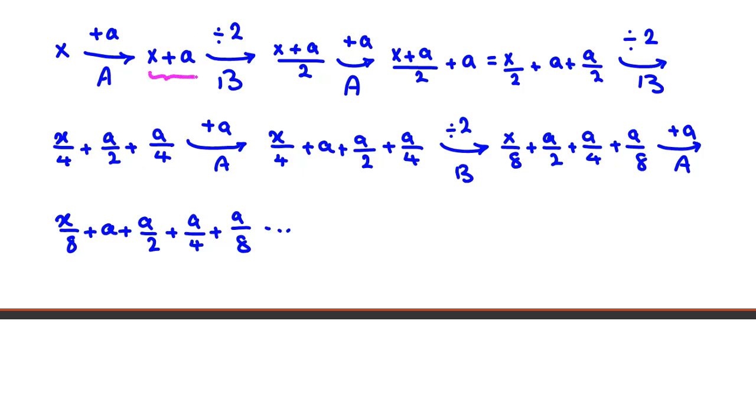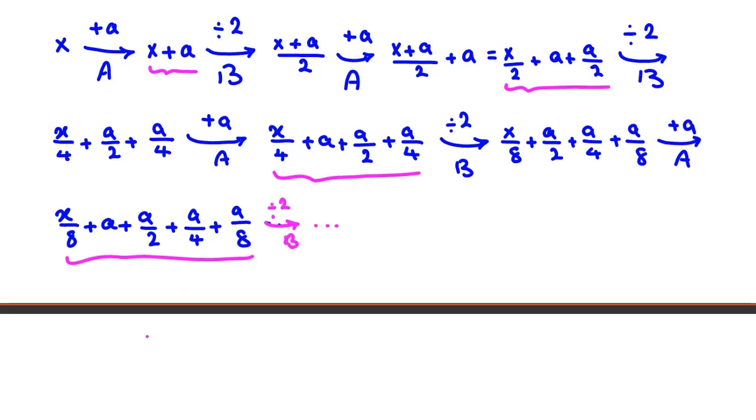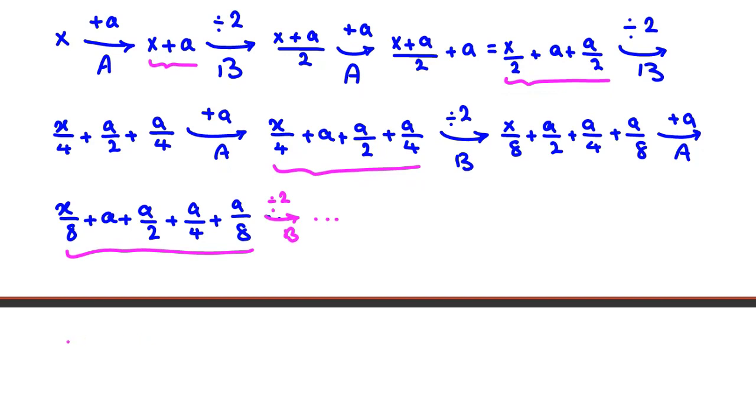Here, X plus A, Bob wants to play here. X over 2 plus A over 2 here, X over 4 here, and here Bob wants to play. Now, in this step, as you can see, these numbers should be even because Bob wants to divide by 2.